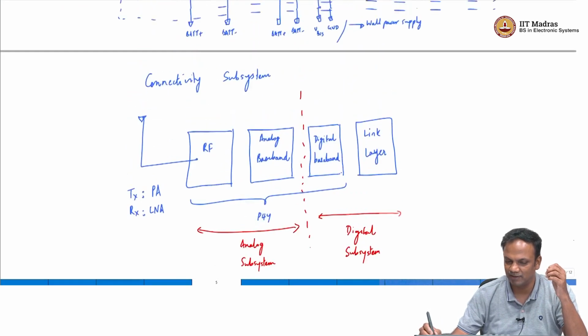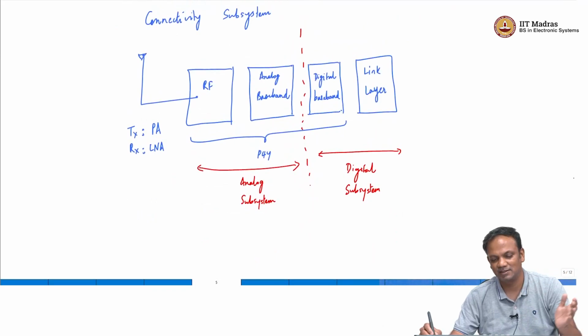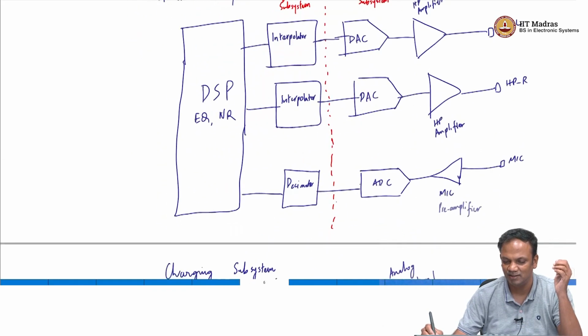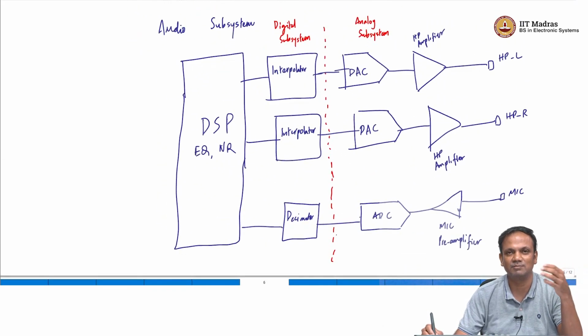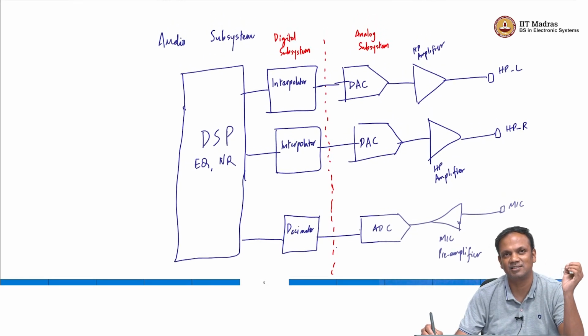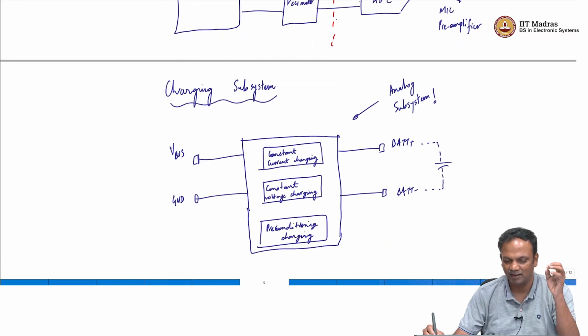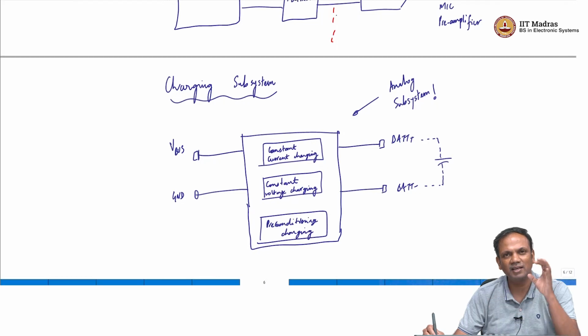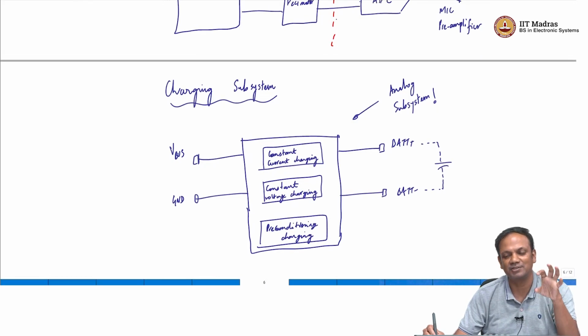So, we talked about the connectivity subsystem, the distinction between the analog and digital. Likewise with the audio subsystem, where again these are mixed signal subsystems, where we need to understand the distinction between the analog subsystem and the digital subsystem. And then we worked on 2-3 100% analog subsystems.